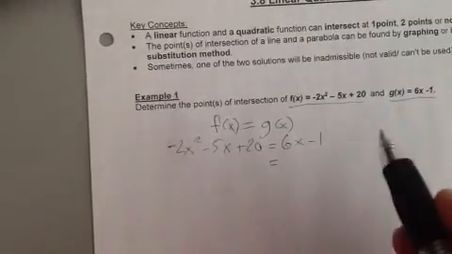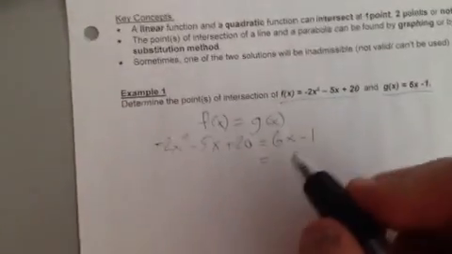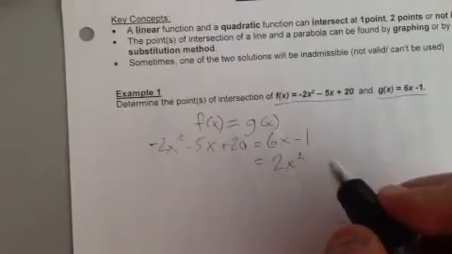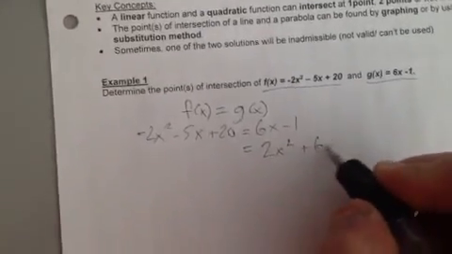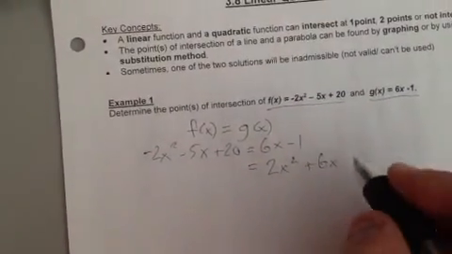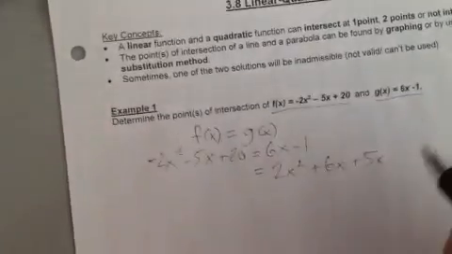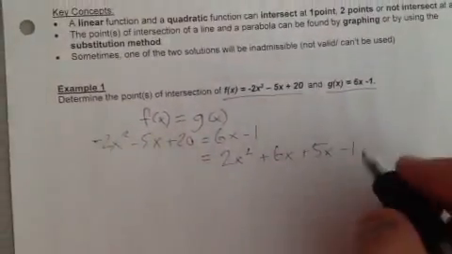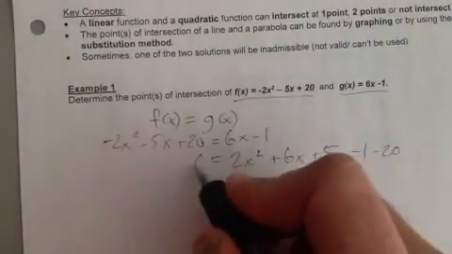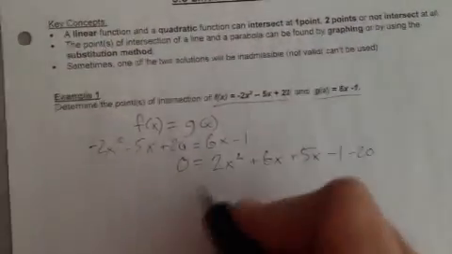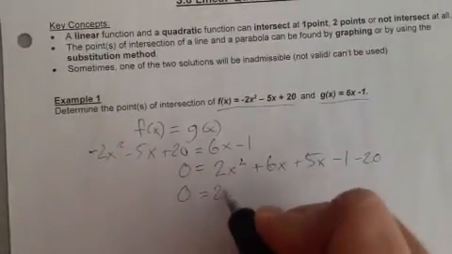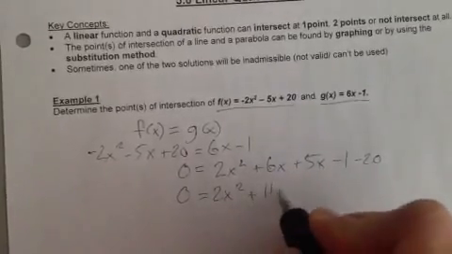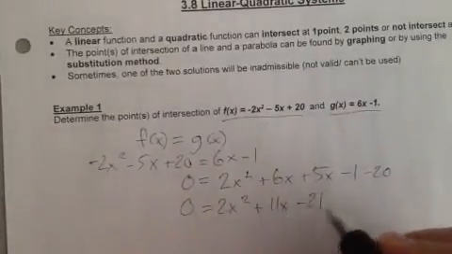I'm going to bring everything to the right side so that the x squared is positive. So it would be 2x squared, and there's still plus 6x on this side. If I bring the negative 5x to this side, it's plus 5x. I have negative 1, and I'll bring the positive 20 to this side, which becomes negative 20. And on this side, I'm just left with nothing. So I end up with 0 equals 2x squared plus 11x minus 21.